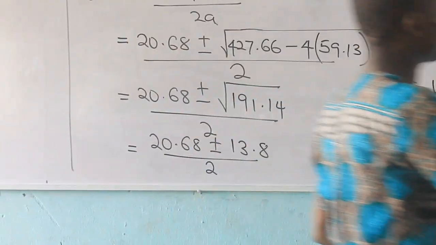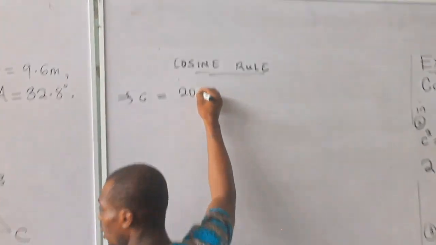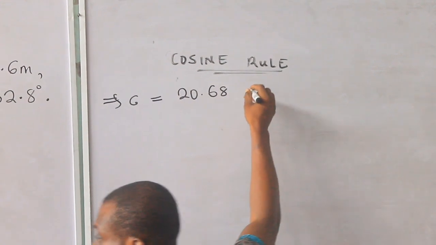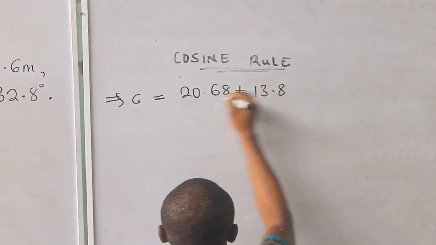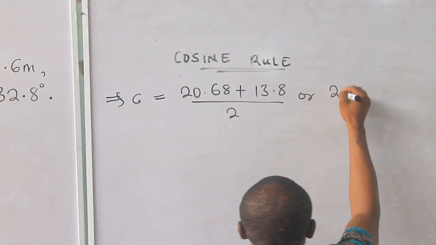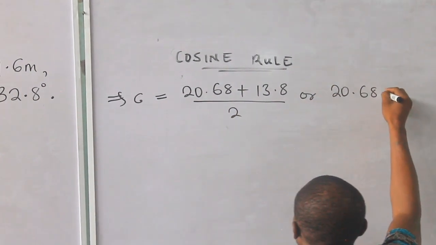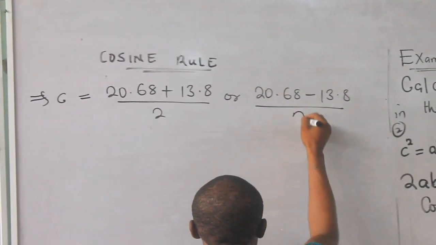And if we come over here, it means that our C is equal to 20.68 plus 13.8 all over 2, or 20.68 minus 13.8 all over 2.